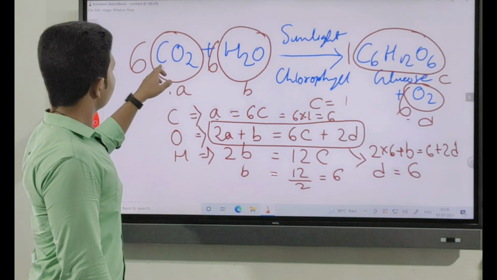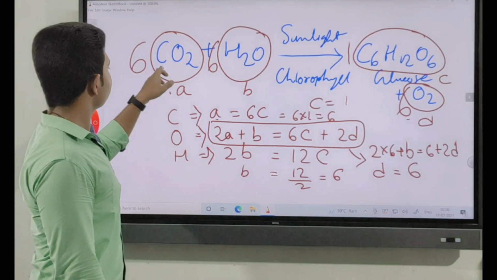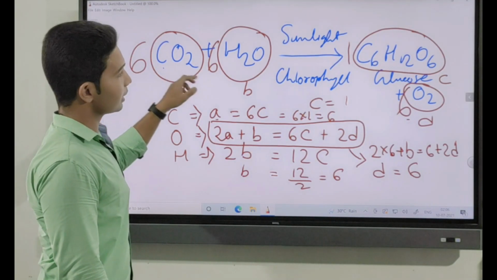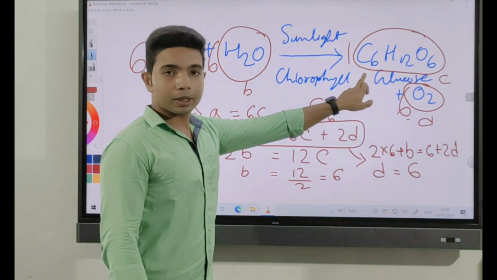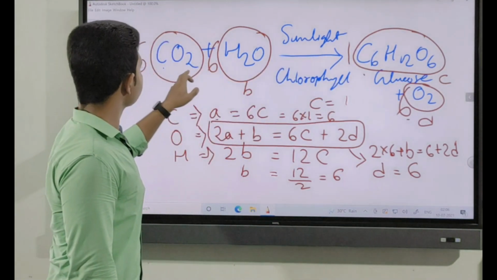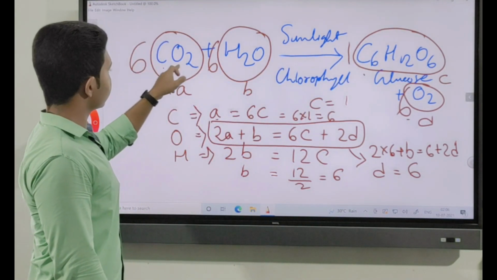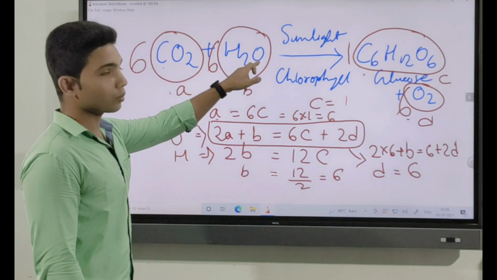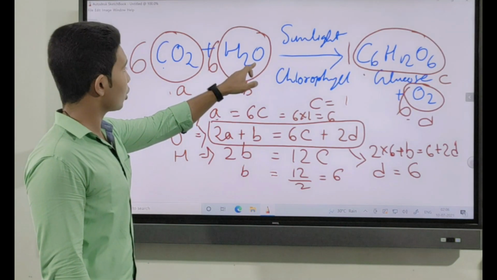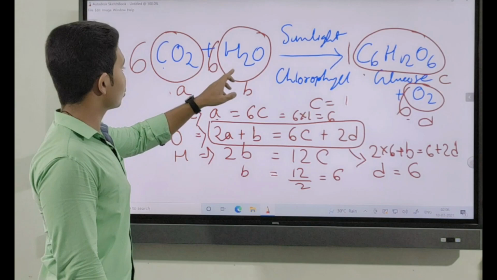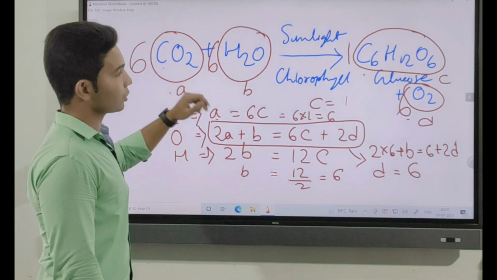You can find 6 carbons on the reactant side, 6 carbons on the product side. Next, oxygen: 6 into 2, that is 12, and 6 more oxygens on the reactant side. So in total how many oxygens? 18 oxygens.